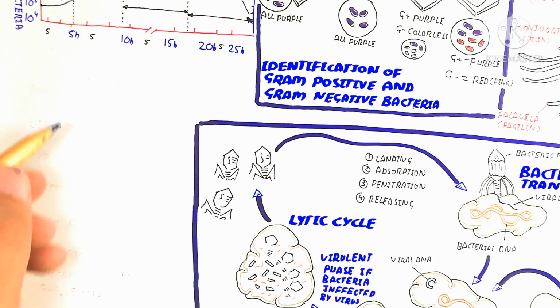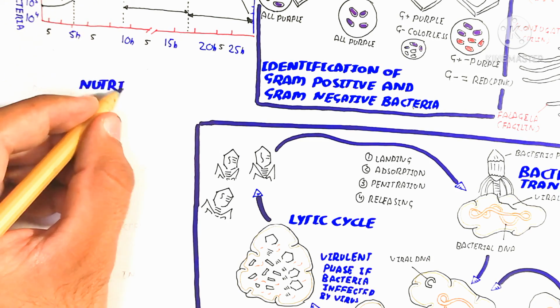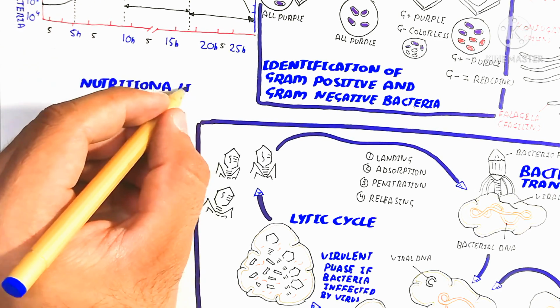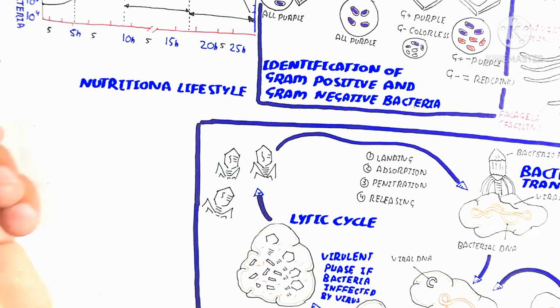After 20 and 25 hours is the death and decline phase, when bacteria rapidly die. This is the bacterial growth curve.